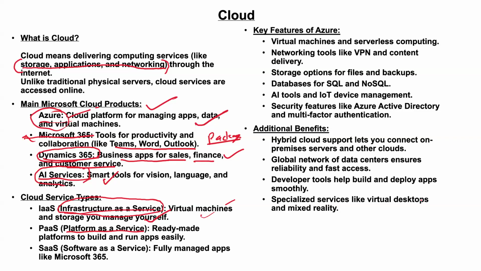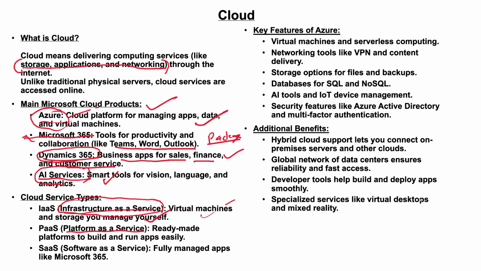We have software as a service, a fully managed app, like Microsoft 365. How can we define Microsoft 365? Because it has its own suite. Under the suite, we have Outlook, PowerPoint, Teams, and Word. These are the Microsoft suite that comes with it.